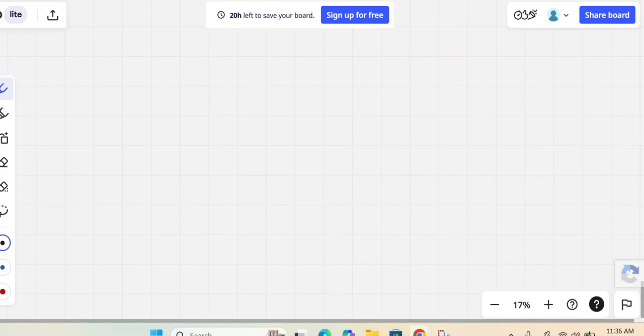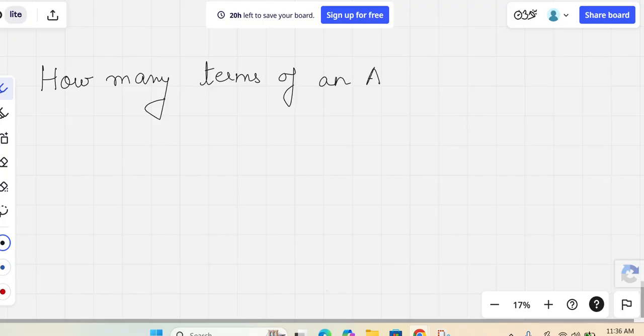Okay, let me make you do a question based on this formula. How many terms of an AP 54, 51, 48?